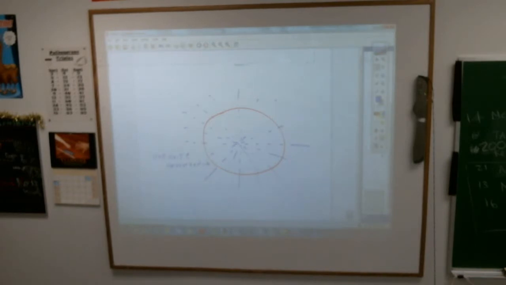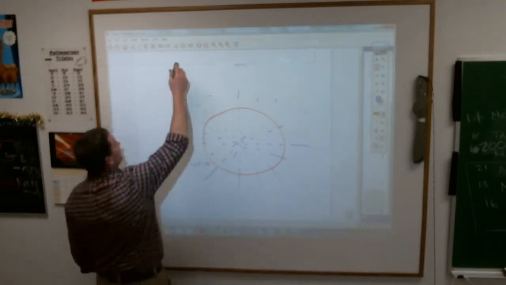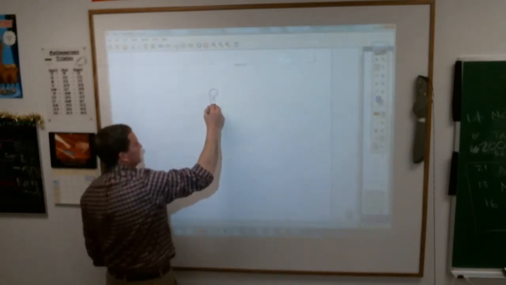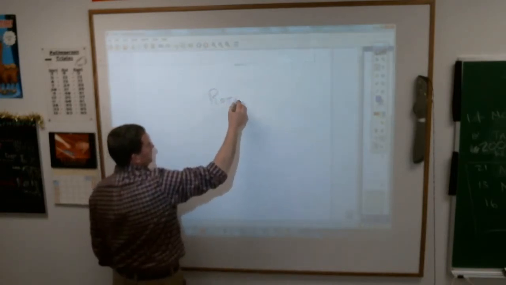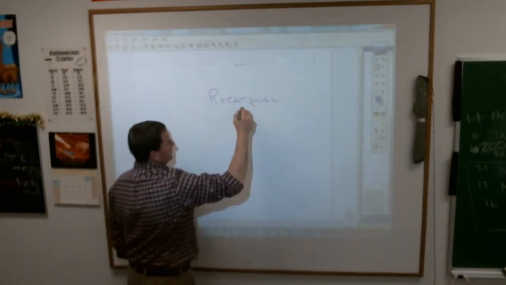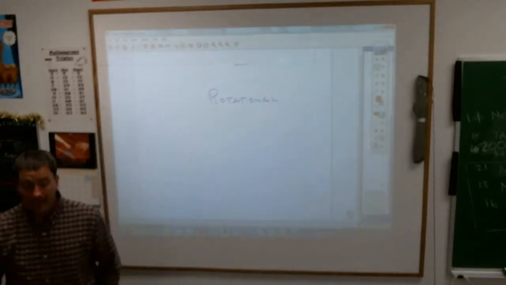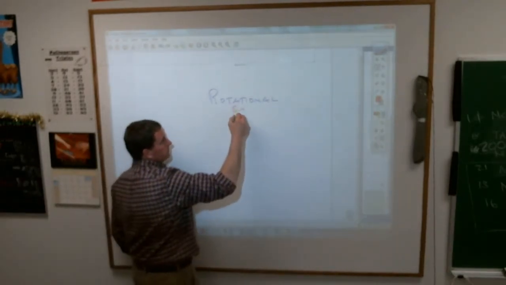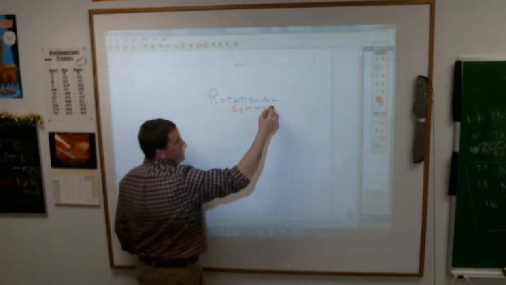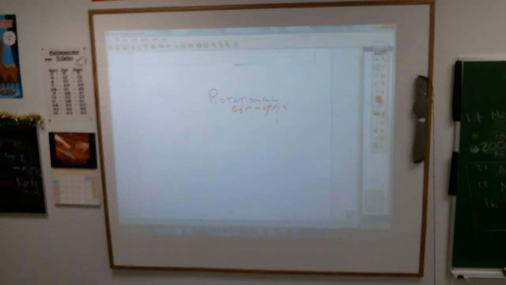Okay, I think that's it, let me see if they go into anything else here. All right, good. Now, along those same lines, there is something that's called rotational symmetry. I'll put it under symmetry. And rotational symmetry is a little bit different, but you can probably figure it out based on the word that it says there.